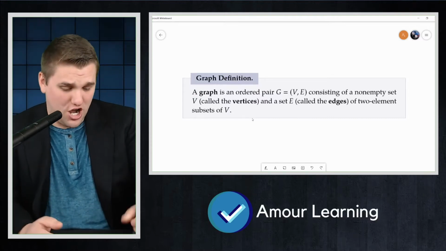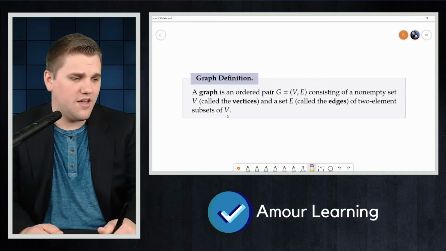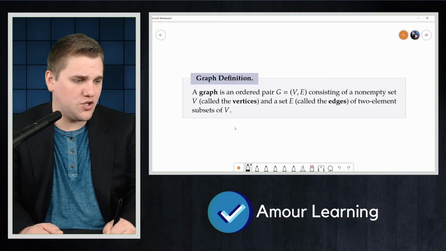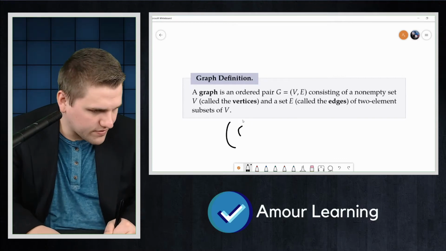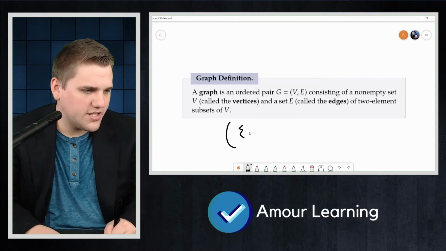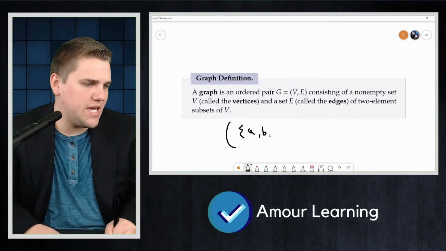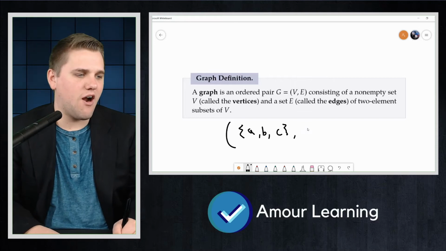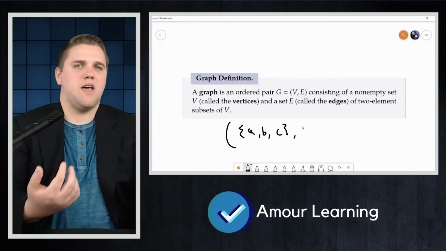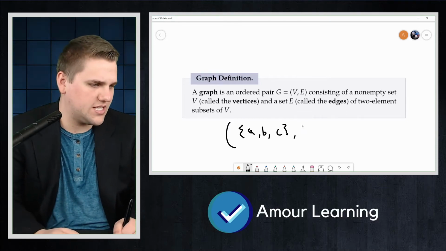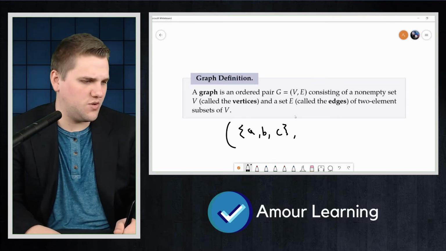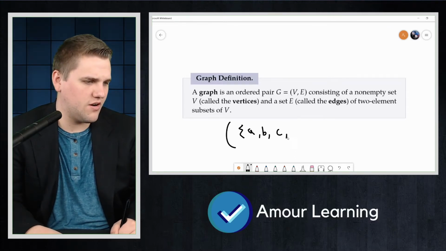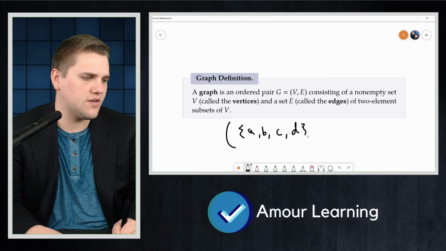From this definition, a graph could be just a pair of two sets. Say A, B, C is the V here. And then for our edges, actually let's do four vertices.